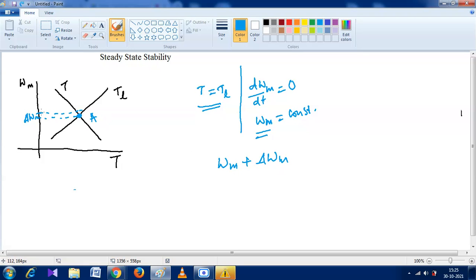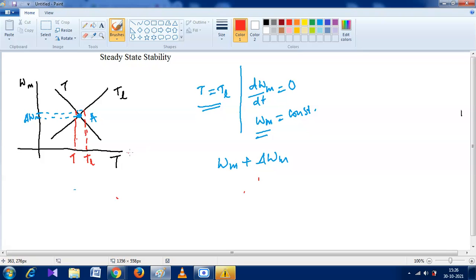And suppose this speed is here, and we mark a dotted line, and we have to see the value of machine torque and load torque at that time, when the speed is increased by delta omega m. This is load torque and this is machine torque.